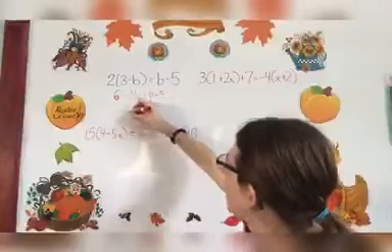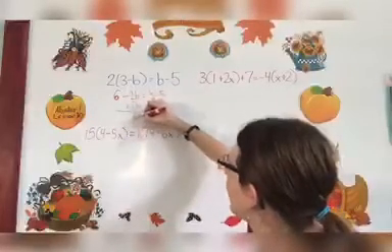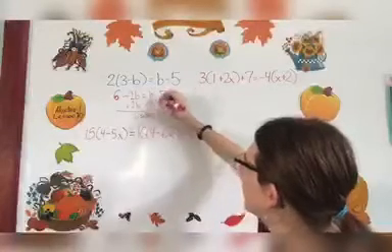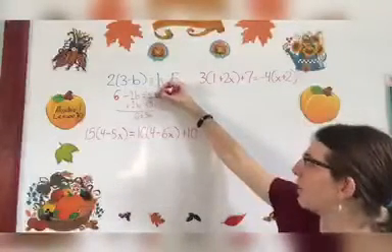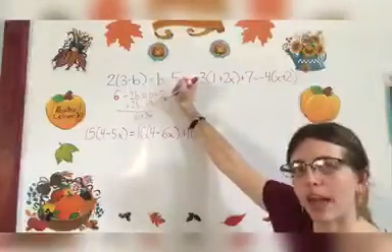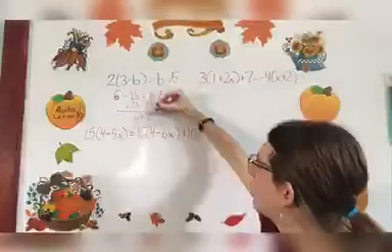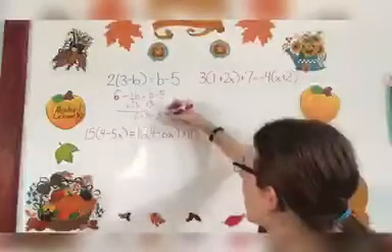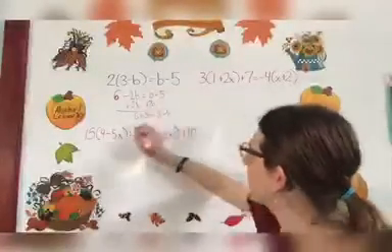And that gives me 6 equals 3b. Because when I don't have any number in front of my variable, that automatically means 1. So 1 plus 2 is 3. Minus 5. I'm going to add 5 to both sides to get b by itself.